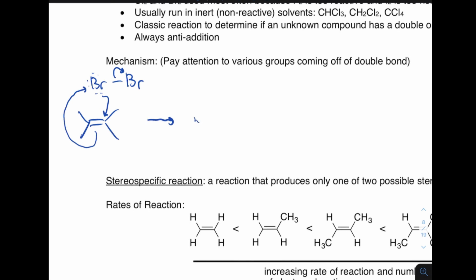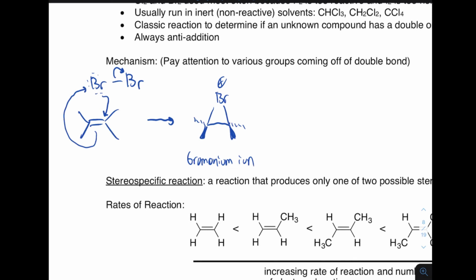So what does this look like now? I'll make these methyl groups dashed and wedged to show that there are now some 3D spatial things to worry about. We end up seeing this thing called a bromonium ion. Because bromine is a sort of large halogen, it can form this cyclic intermediate.